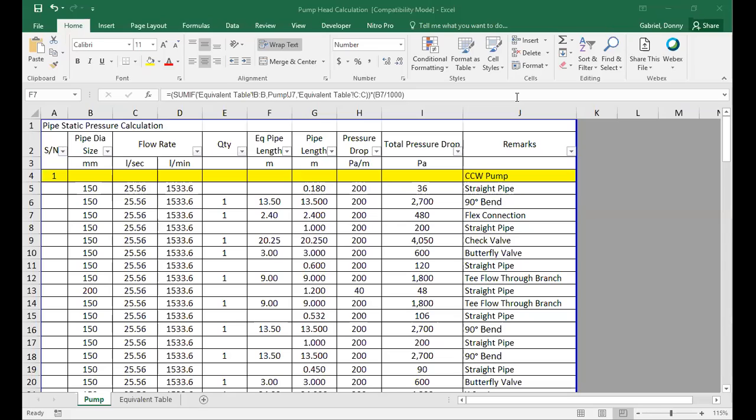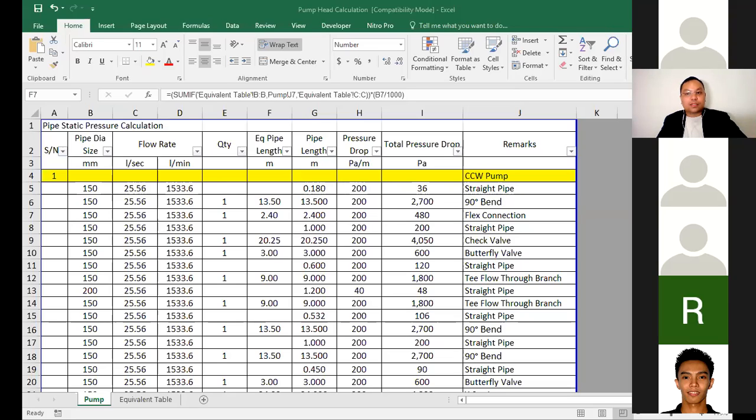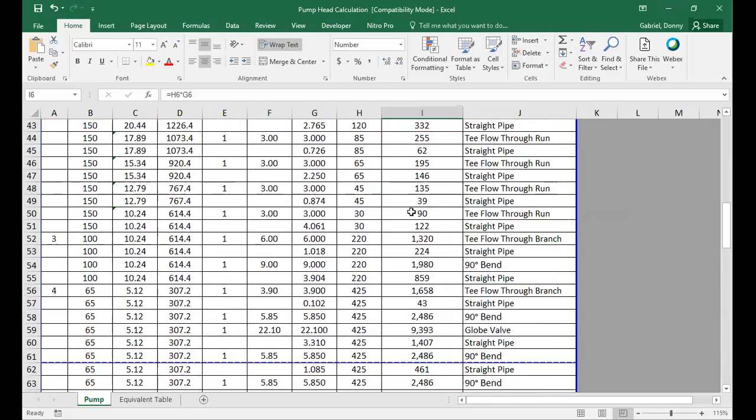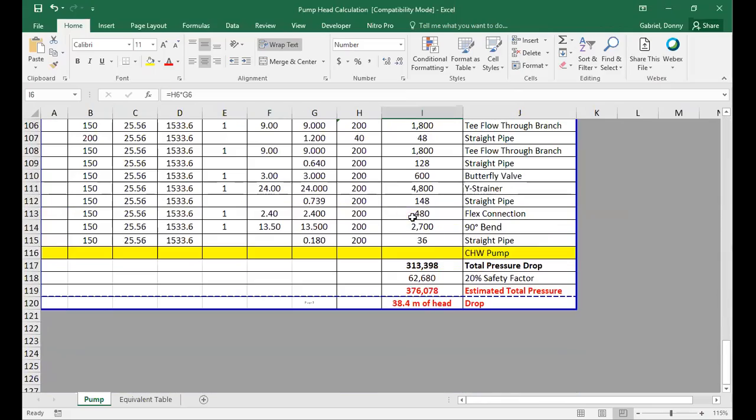As you quantify each pipe fitting, as you quantify each pipe size, you'll be able to calculate its flow rate, its actual pipe pressure drop, and the total pressure drop. You add them all together plus your safety factor, then you will have your equivalent pump head.